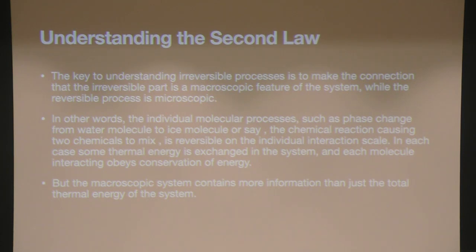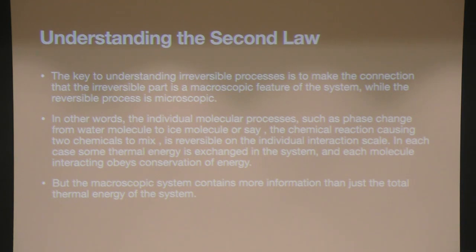That's a macroscopic property of the system. But the reversible part is the microscopic part, where each individual molecule of ice can turn into liquid, but it can turn back into ice again. So the microscopic part is actually reversible, and the macroscopic change is irreversible.